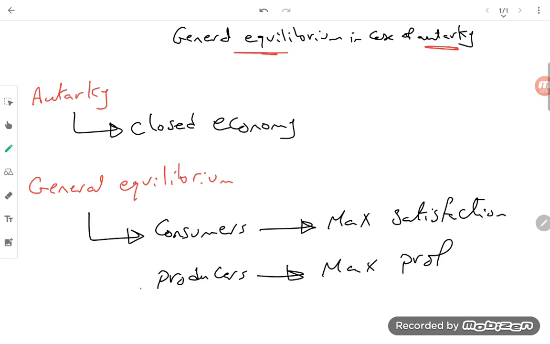So general equilibrium means achieving maximum profit and maximum satisfaction at the same time. In this chapter, we are going to talk about how to achieve this in case of a closed economy with no international relations with the rest of the world. In order to achieve equilibrium, there are a number of assumptions.